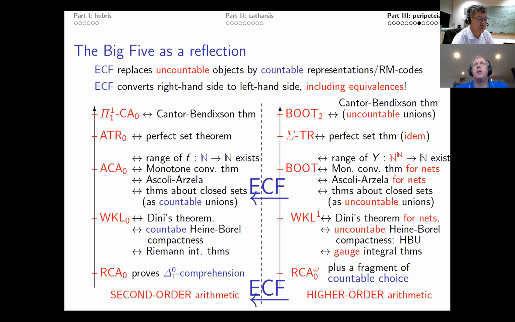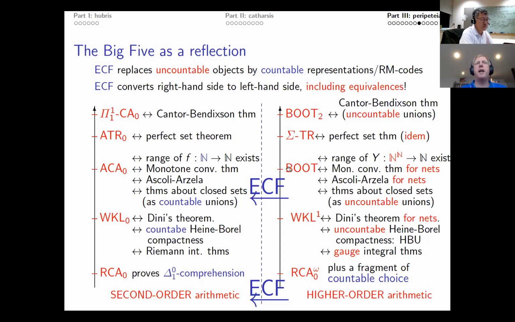So why should open sets be countable unions of basic opens? Why can't they be uncountable unions of basic opens? And that's what happens here on the right. You lift the restriction to second order arithmetic, and you get a generalization of the big five.